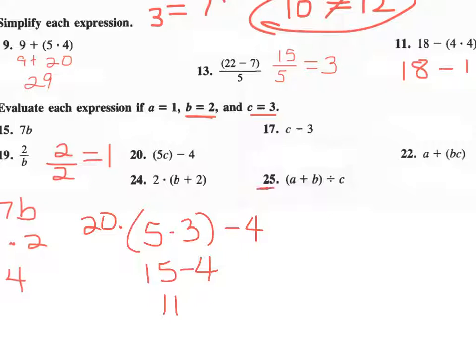Let's do 25. So we're going to replace A with a 1. I'm going to replace B with a 2. And then I'm going to show divide by 3. 1 plus 2 is? 3. And then divide by 3 is? 1.